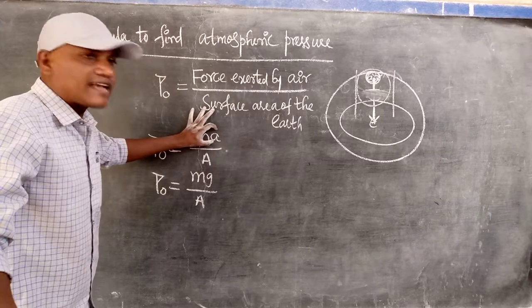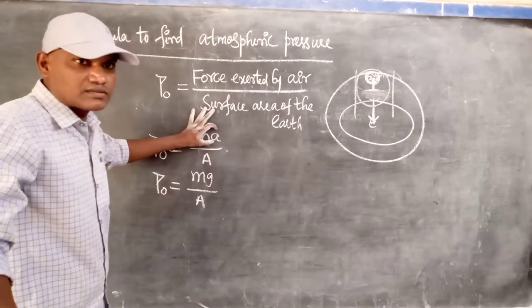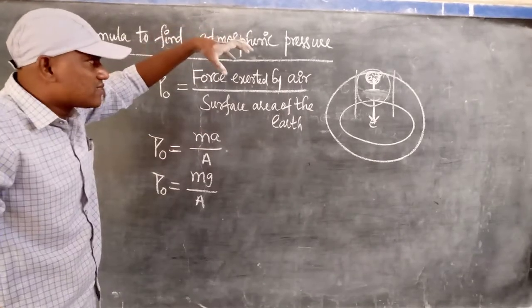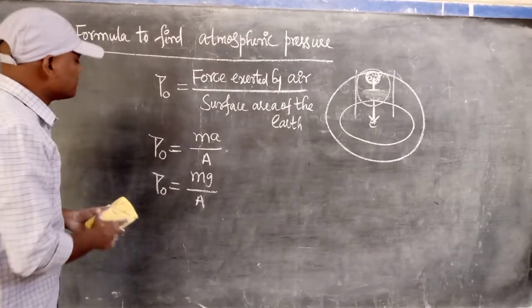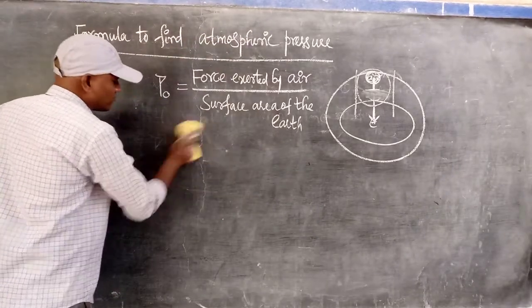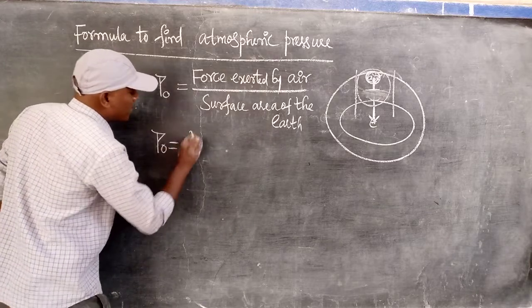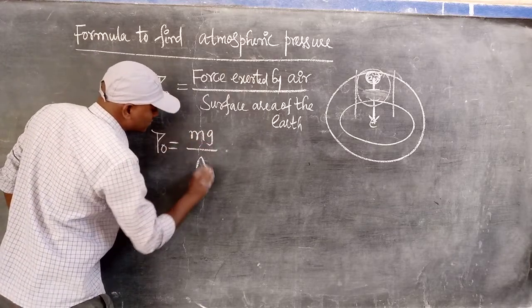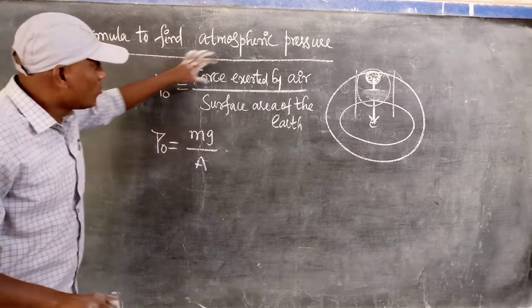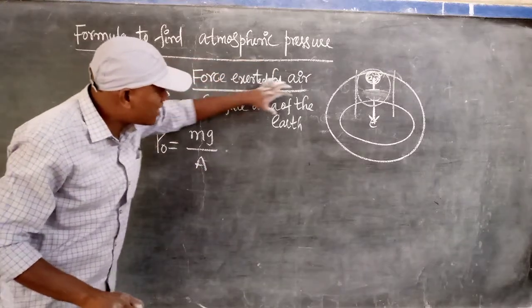Here g is the acceleration due to gravity. But for the air, not ma, we can mention mg directly. Why? Because of weight. So P naught is equal to mg upon A, which is nothing but force exerted by air upon the surface area of the earth.